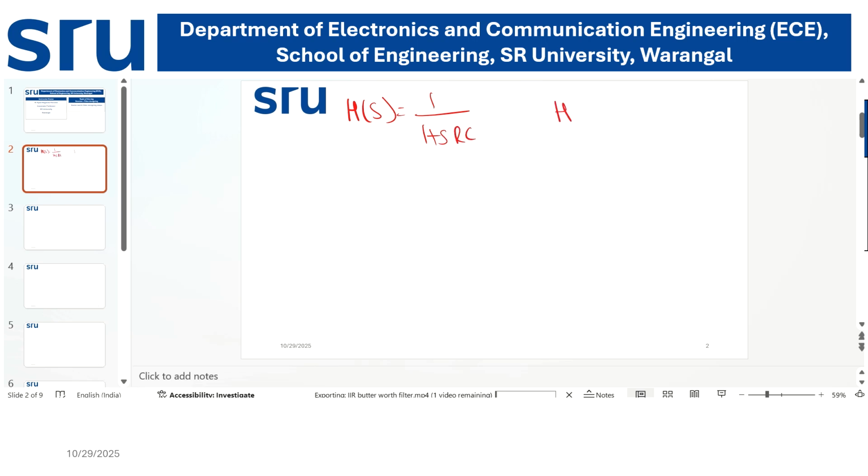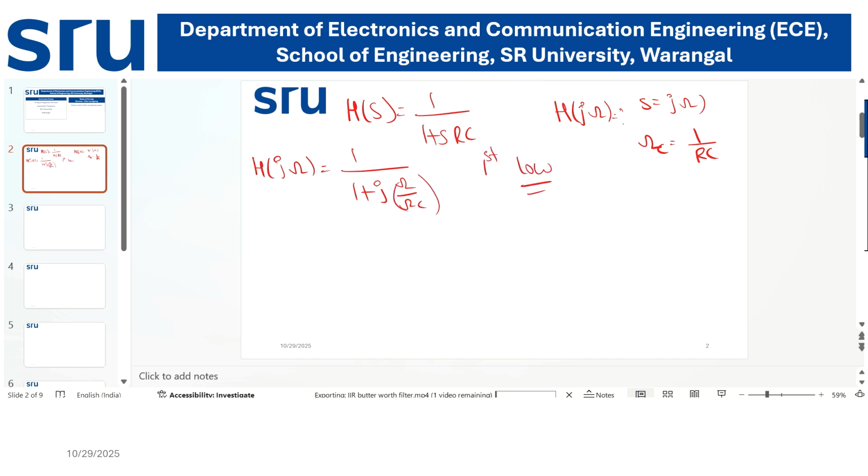If I substitute s as j omega, then H(j omega) is the frequency characteristic, 1/(1 + j omega/omega c), substituting the cutoff frequency as 1/RC. This is the transfer function for a first order low pass filter.